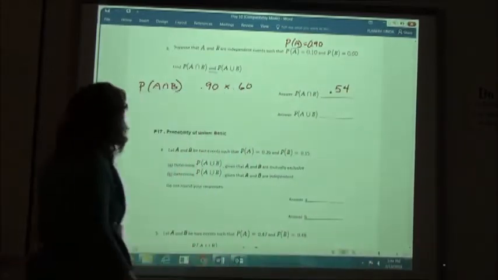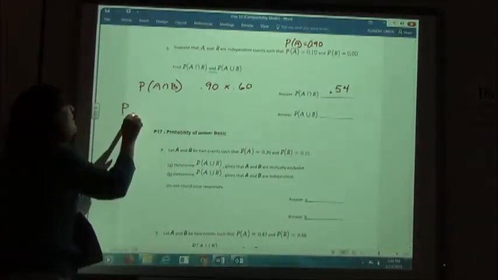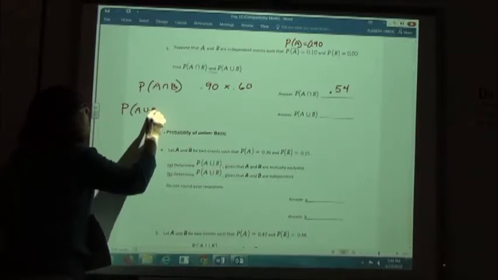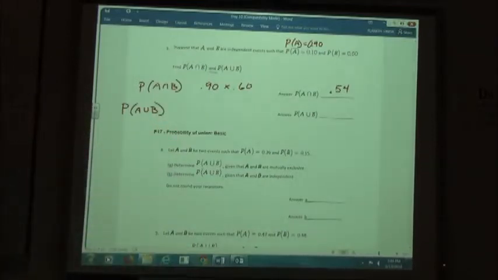We get 0.54. If I'm going to find the probability of A or B, what would I do?